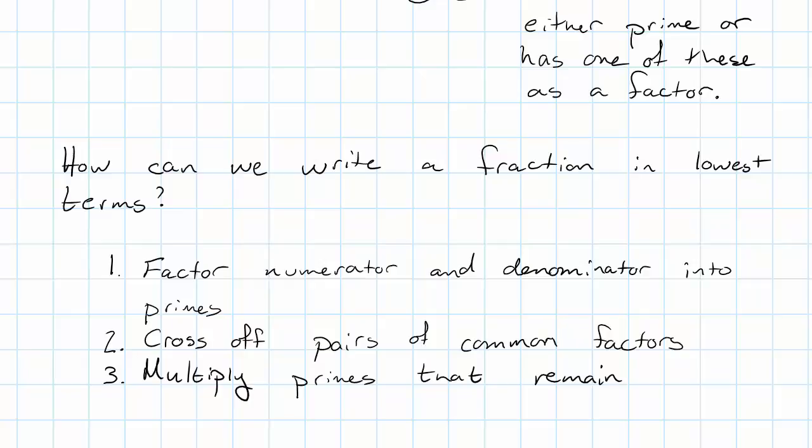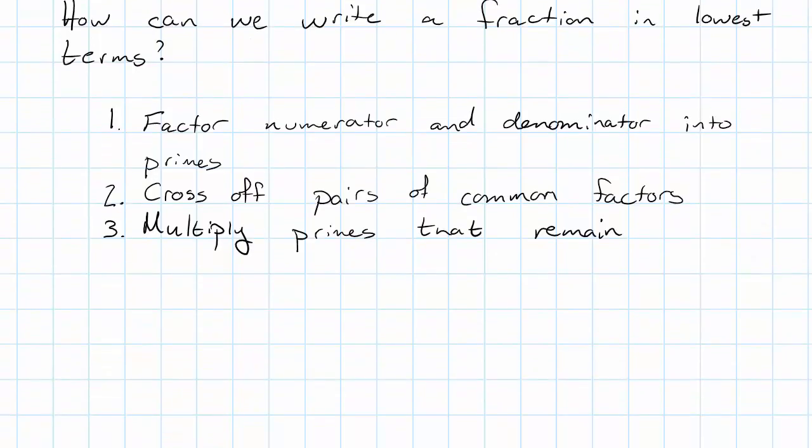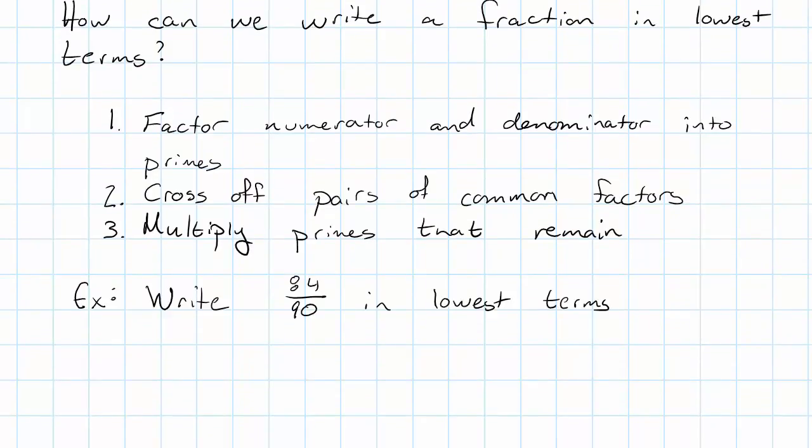There are other methods of doing this, but we are going to practice this one because later on we're going to do the same thing with expressions containing variables, at which point this will be the method that we want. So let's try an example. Let's say we want to write the fraction 84/90ths in lowest terms.